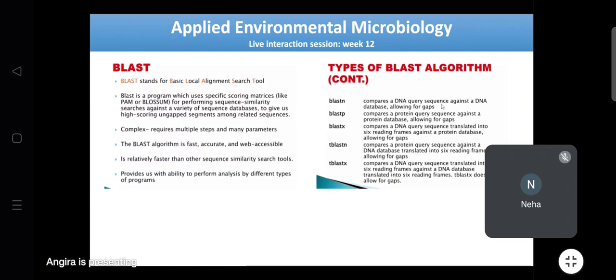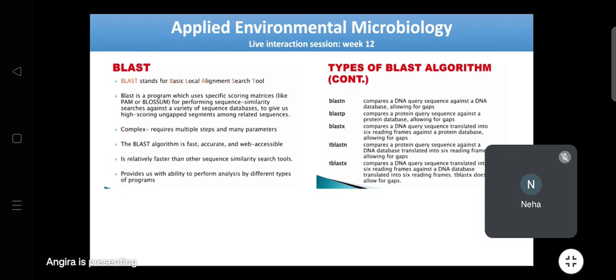So BLASTN compares two nucleotide sequences; your query should be DNA, and what you are searching against will also be a DNA database. Now comes BLASTP. It compares a protein query sequence against a protein database, so basically an amino acid sequence against an amino acid database.